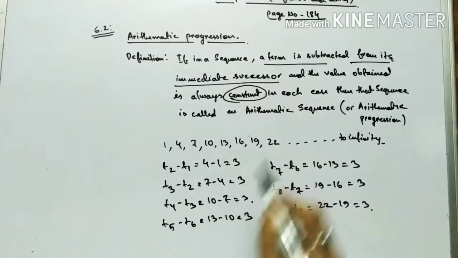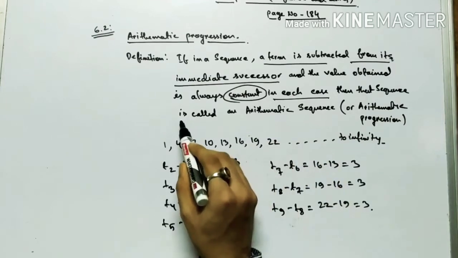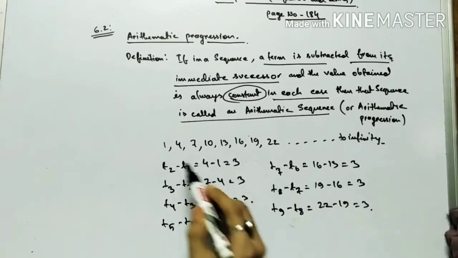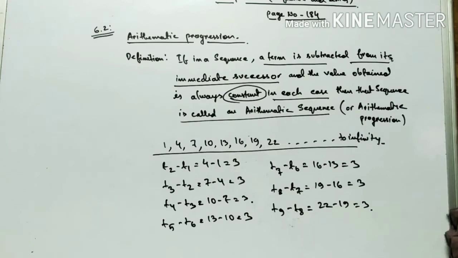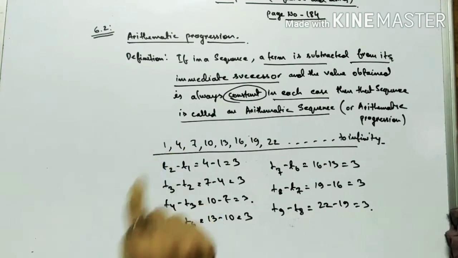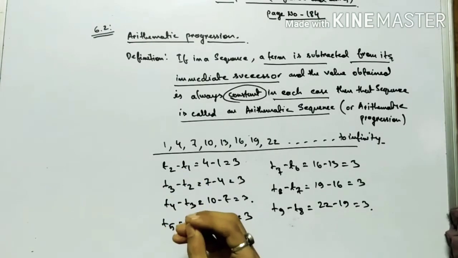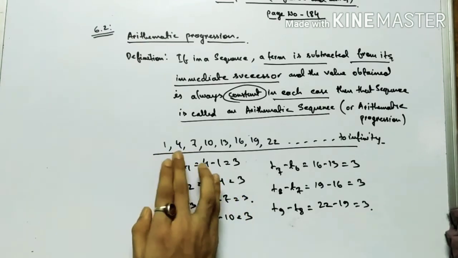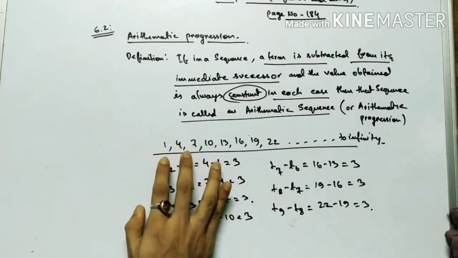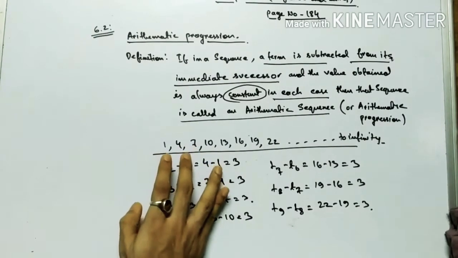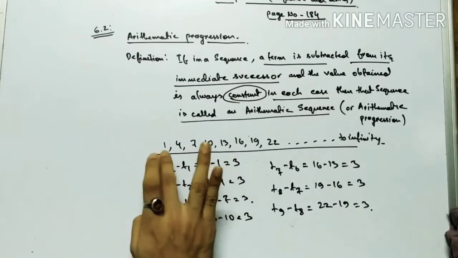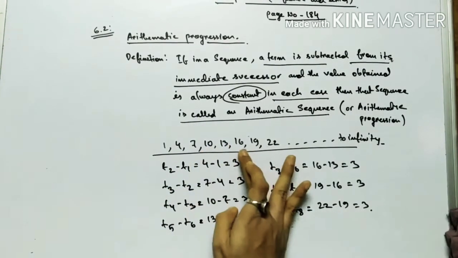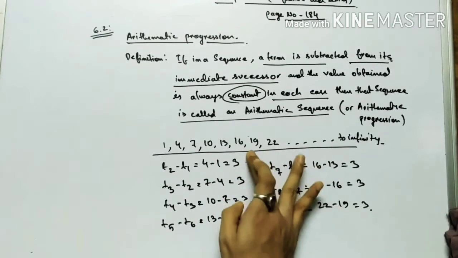So that is only saying, in a sequence, a term is subtracted from its immediate successor and the value obtained is always constant in each case, then that sequence is called an arithmetic sequence. 4 minus 1 gives 3, 7 minus 4 gives 3, 10 minus 7 gives 3, 13 minus 10, 3, 16 minus 13, 3, 19 minus 16, 3, 22 minus 19, 3.